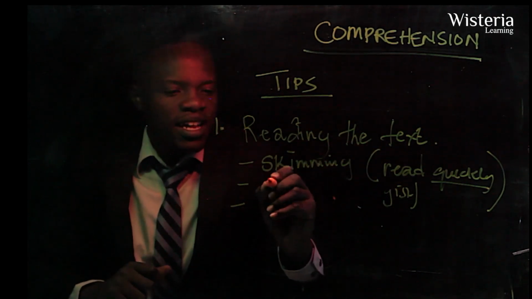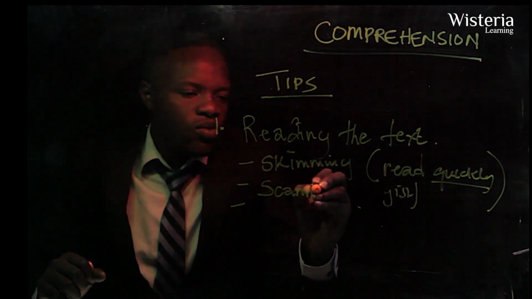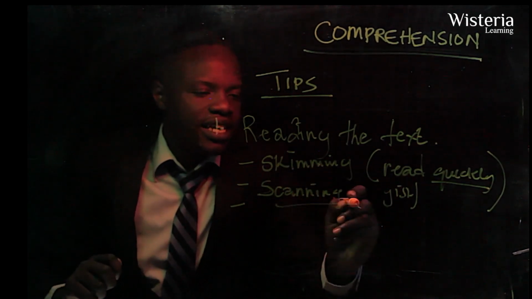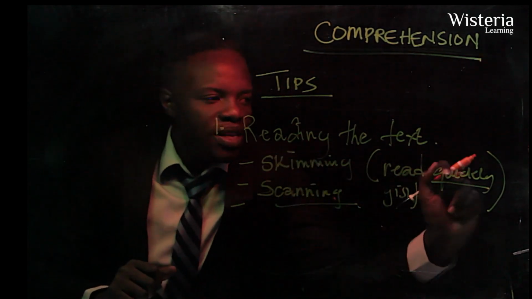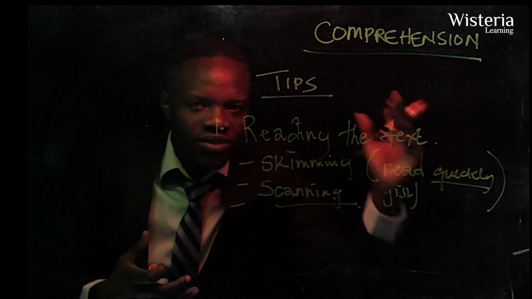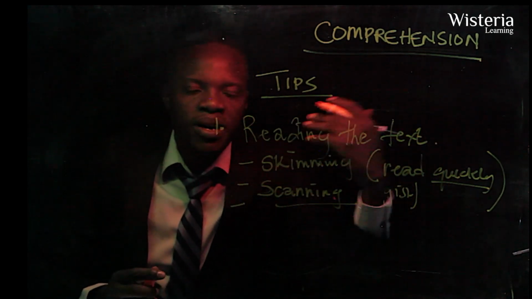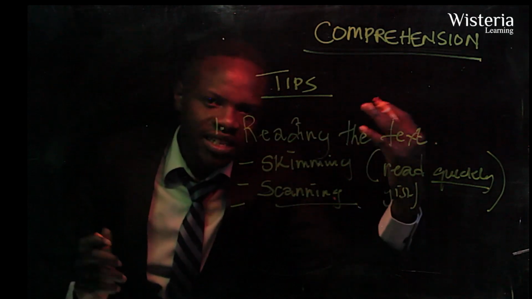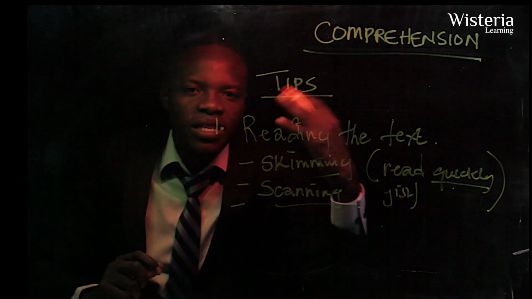The next type of reading that you will need is what we're going to call scanning. What is to scan? Remember, to skim is to read quickly through a text to get the general idea. So is this text about technology? Is it about disease? Is it about mathematics and so on? Only when you skim can you really tell what this text is about.